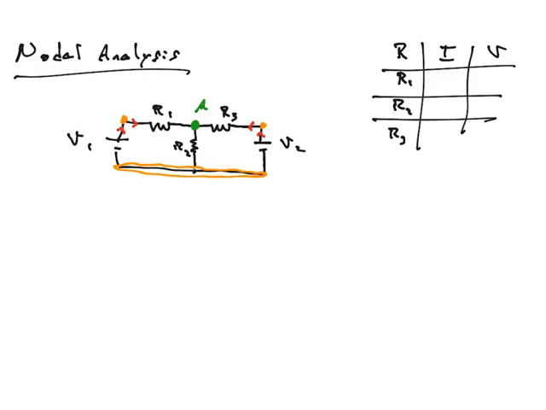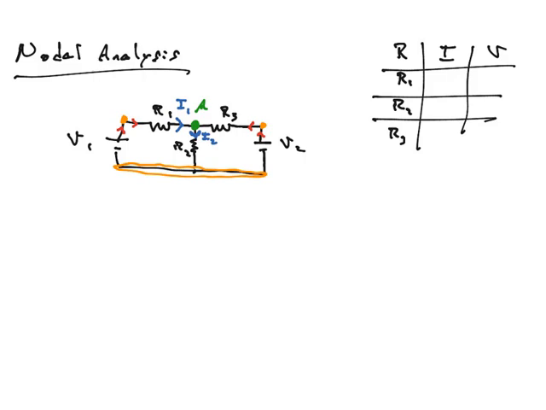We've got 3 different branches here, so current can go in different directions now. So we're going to say, okay, let's say we have some current coming in at A, and we'll call this one I1. And then maybe there's current leaving A going down, we'll call that I2.